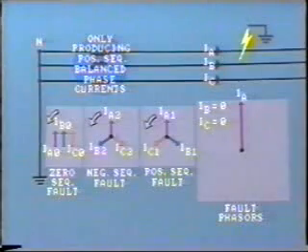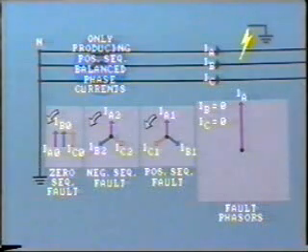That is, positive sequence components, negative sequence components, and zero sequence components. And do note that within each set of components, the voltages and currents are of equal magnitude. The presence of these components provides a useful tool for detecting unbalanced conditions and ground faults.